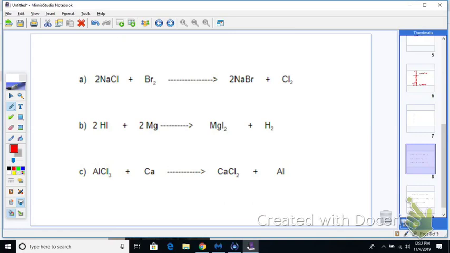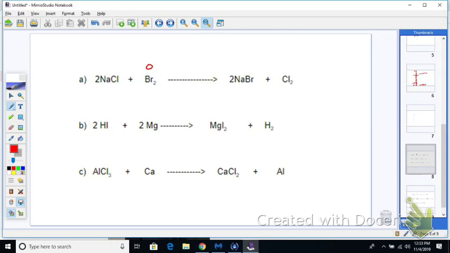Now, if an element is by itself, when it's not with something else, we're going to put a 0 above it. So is Na by itself? No, it's with chlorine, and chlorine's with sodium. So you've got to write the charges for those two. Is bromine by itself? Yes. So if it's by itself, you're going to write a 0.